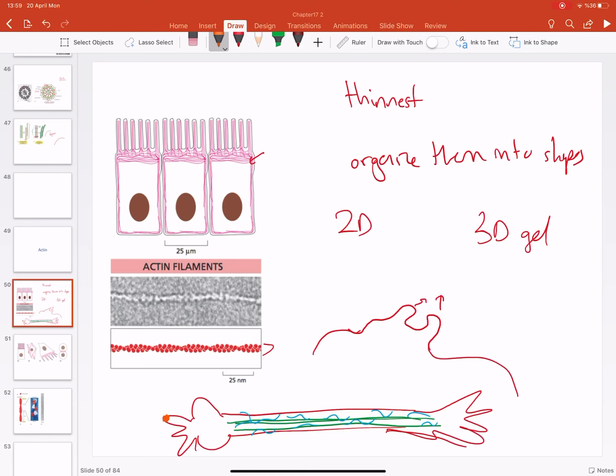postsynaptic site and presynaptic site is established by actin, because if you check in detail in the structures, you're going to see a very nice shape of the presynaptic site and a very nice mushroom shape of the postsynaptic site. And all these structures, they are established with the help of actin cytoskeleton. These are actin-based structures.